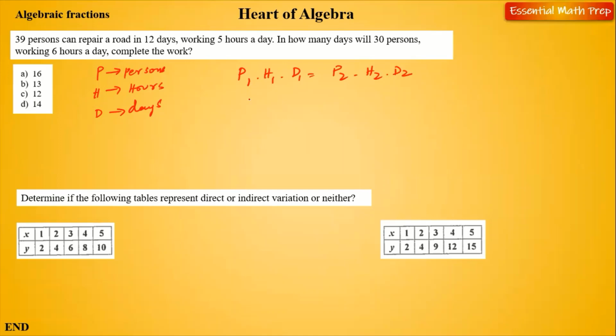P1 is 39, 5 hours a day, working for 12 days. In how many days? So we know the persons, it's 30 times 6 hours, and we don't know the days. So it'll be 39 times 5 times 12 over 30 times 6. This is 2, this is 15, this is 3, and so it'll be 13 days.